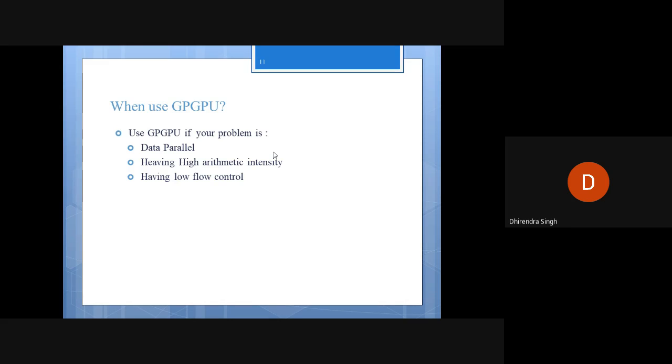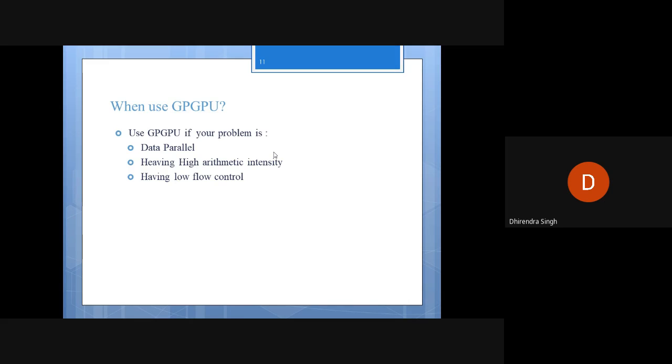Similarly, your problem should have high arithmetic intensity. Arithmetic intensity is the ratio of arithmetic operations to memory operations in your problem. How much computation do you want? If you want a large number of computations compared to the memory operations, then it's good to go ahead with the GPU computing concept.